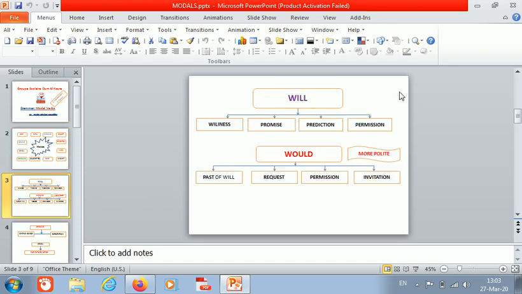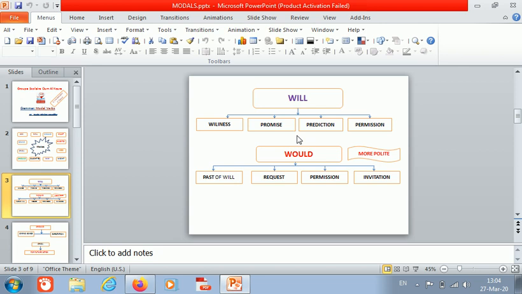For example, we start with will. The functions of will are willingness, for example, I will travel to do something in the future. Promise, for example, we say I promise I will come. Prediction, I will travel next week.